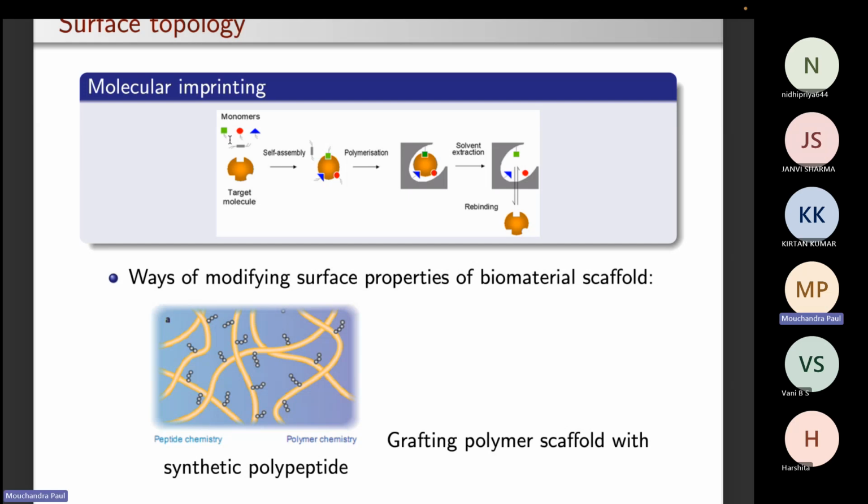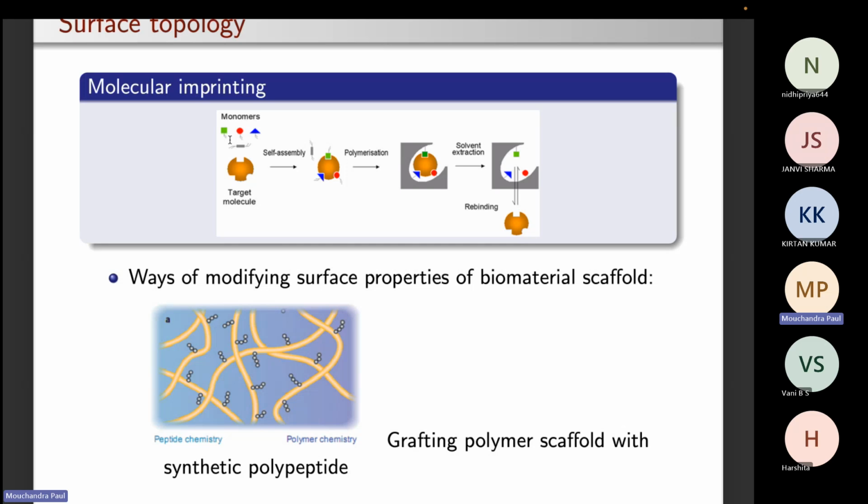When you use that polymer for an application where you want only a specific type of protein to adhere, and if that doesn't happen, your specific type of cells won't adhere, then if you're very specific about that, you should use this technique.